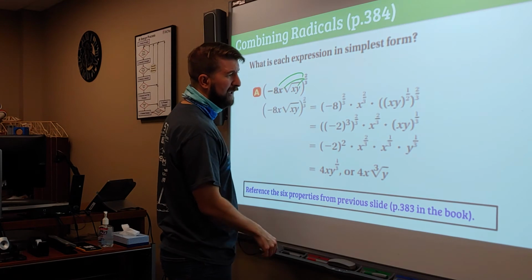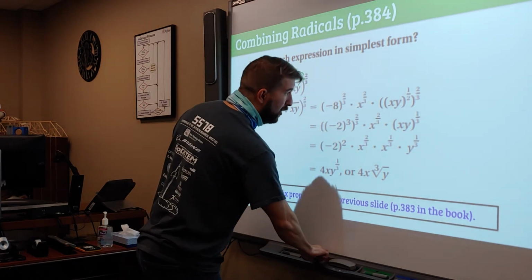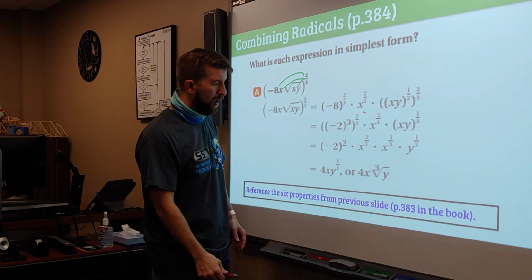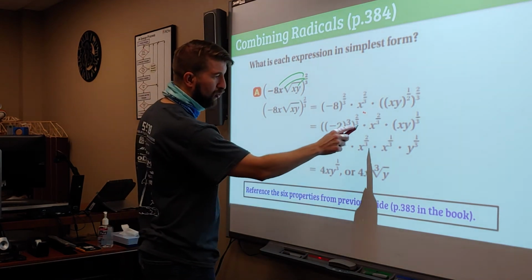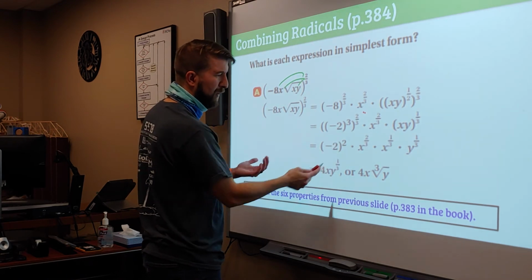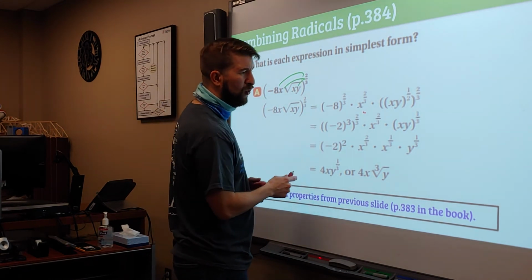That square remains. Over here on x to the 2/3, that just drops down. There's nothing further we can do to simplify, so that one just drops.